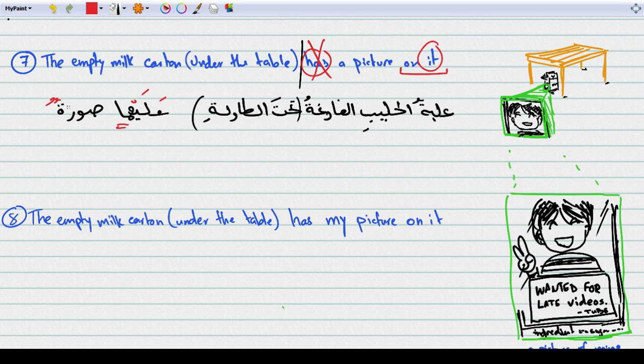Right. Now we're going to do something we did before, and that's to take possession of something. And I will say that this picture is actually my picture.